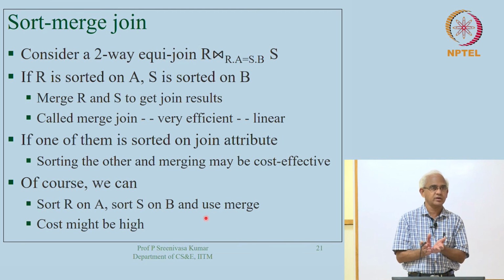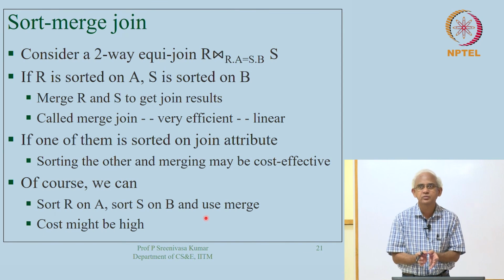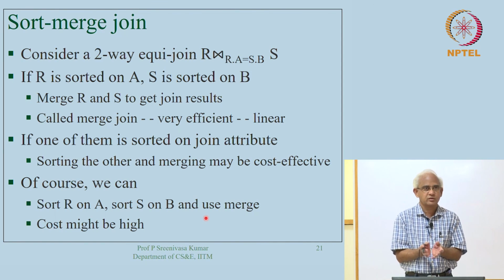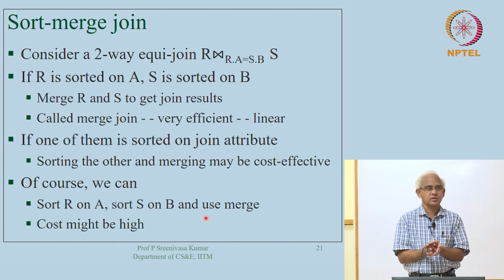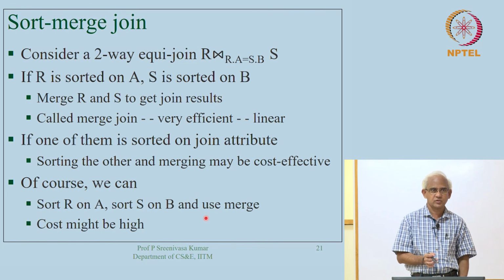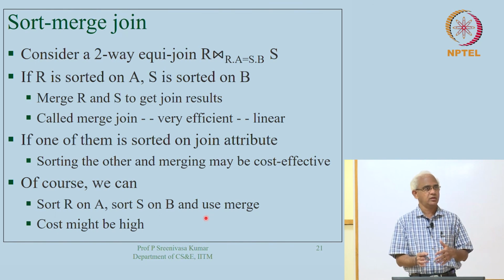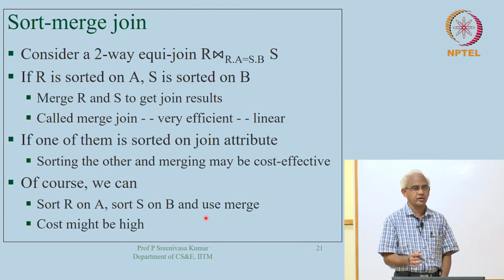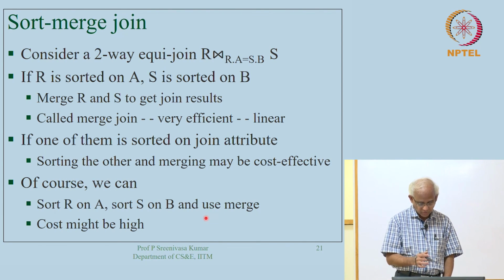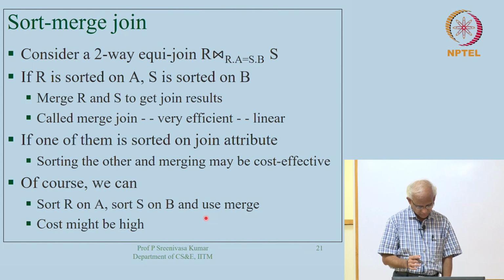So, cost estimates: depending on the kind of indices available, sizes available, the nature of the hash functions, etc., before you jump in to choose an algorithm, you have to estimate the cost of using that algorithm and then make the appropriate choice. This idea of estimation applies to almost all the algorithms that we use, because everywhere we have choices of algorithms.